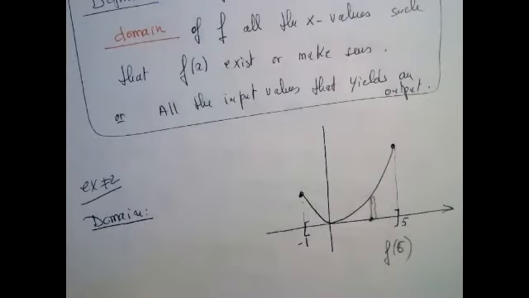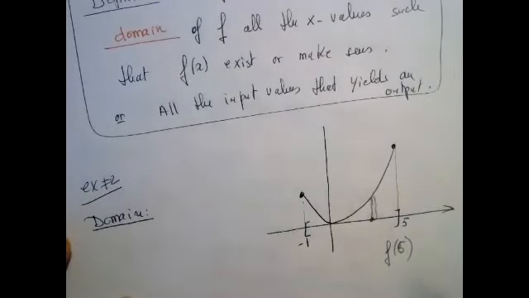Is there an output for 6? Undefined. What is f of 7? We don't know. What's the domain? The domain is everything from -1 to 5. So that's really the domain: all those inputs for which we have an output.